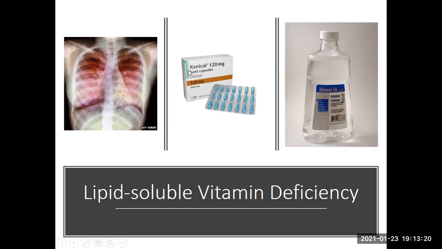The drug orlistat, used for weight reduction, can also decrease absorption of fat and subsequently reduce the absorption of fat-soluble vitamins. Mineral oil, which is used for cleansing the GIT before surgery or before endoscopy, can also bind to fat-soluble vitamins and lead to deficiency of these vitamins.